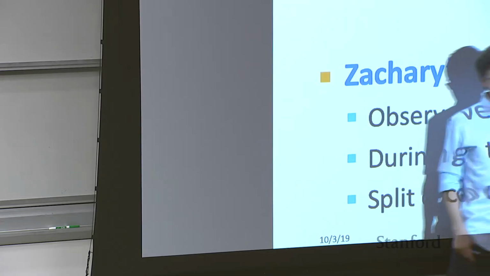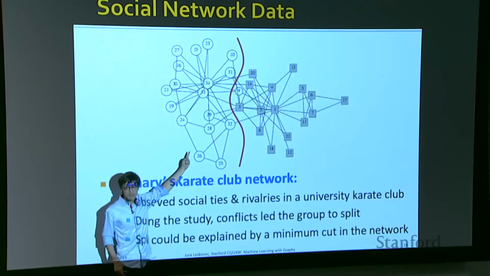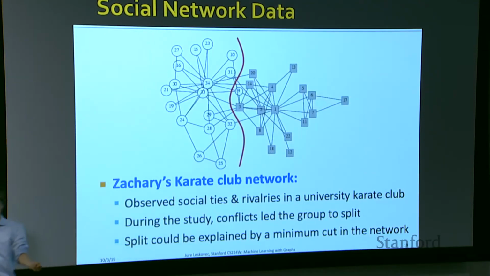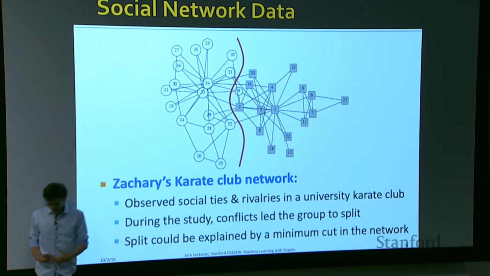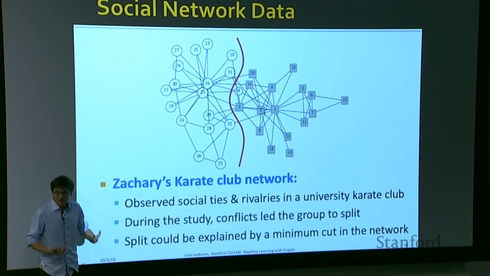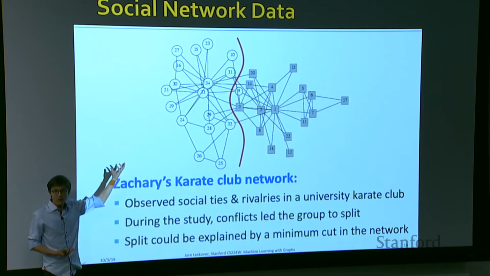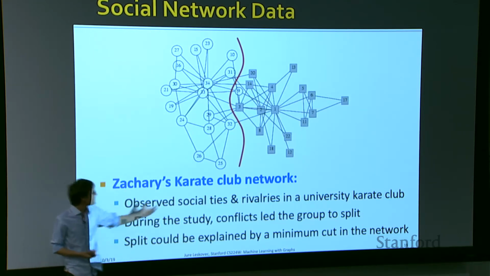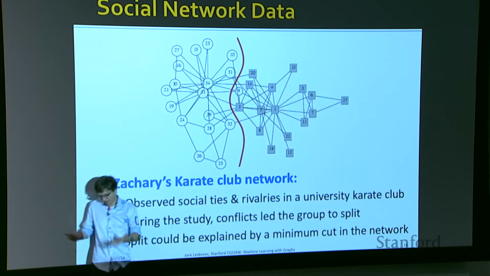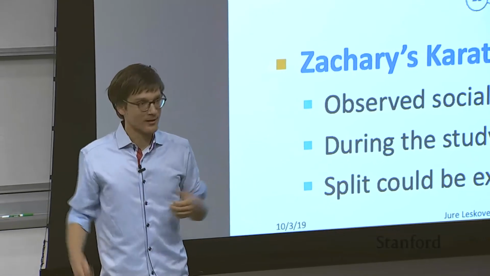This is the cut that almost perfectly predicts who will join what karate club and who will join the other karate club, right? And this is one of the first pieces of evidence that the social network structure has predictive power of saying who will join one club versus another club. Essentially it says what decisions people make, where to train karate or whatever else.